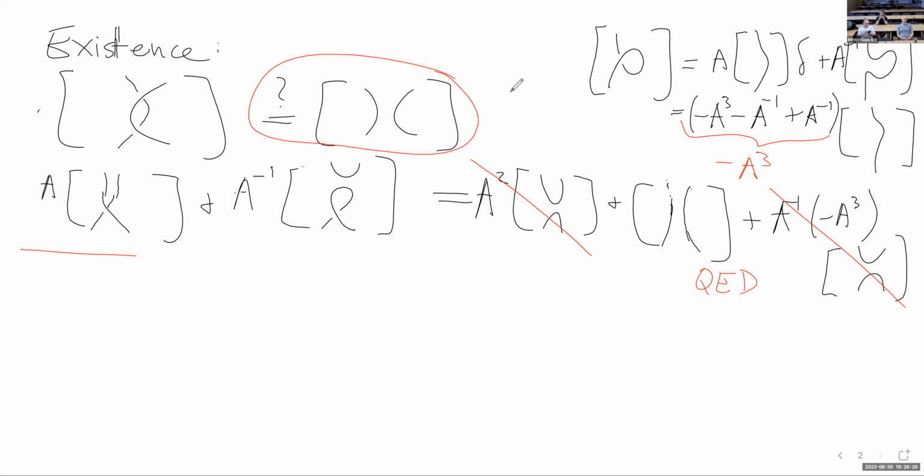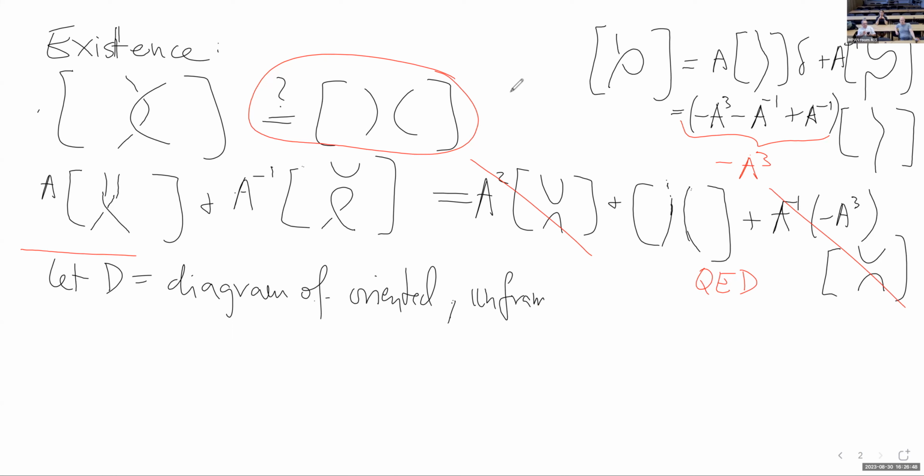Well, let D be a diagram of an oriented unframed link. And then to do this normalization, as you can expect, we'll get to the Jones polynomial in a moment.